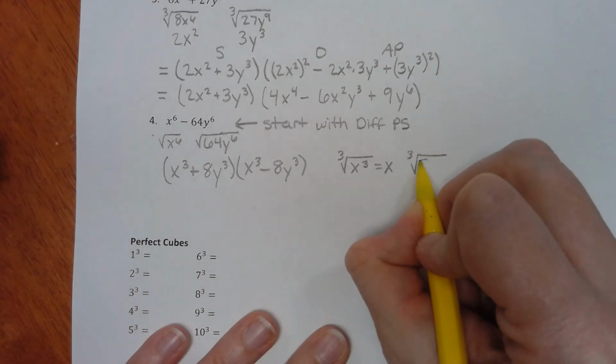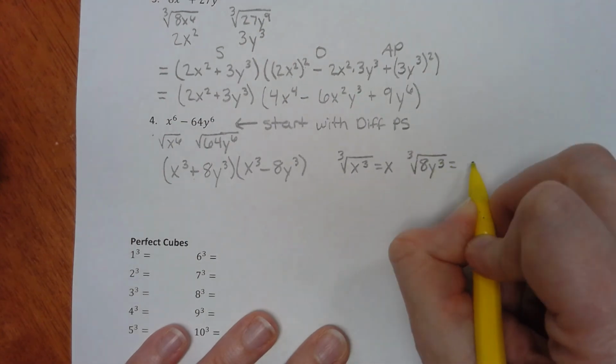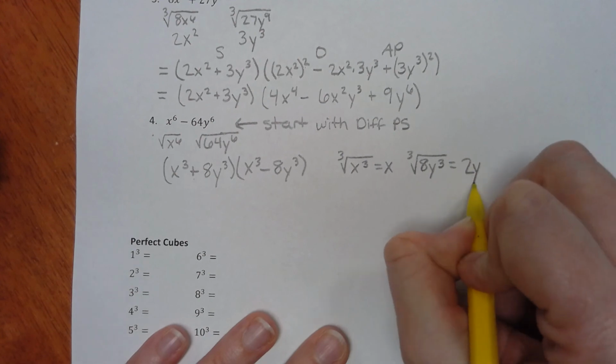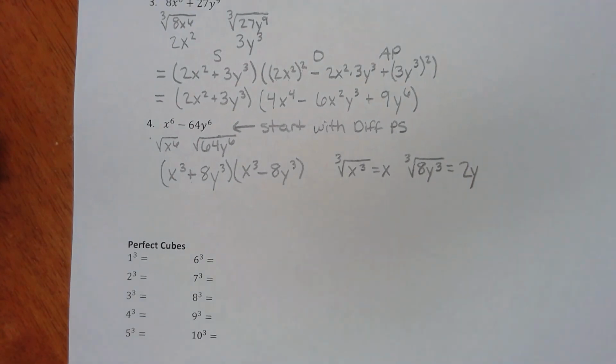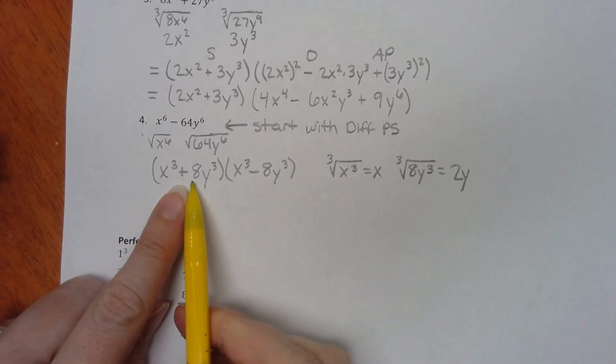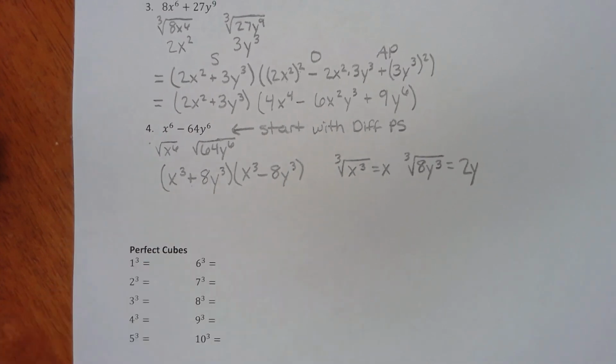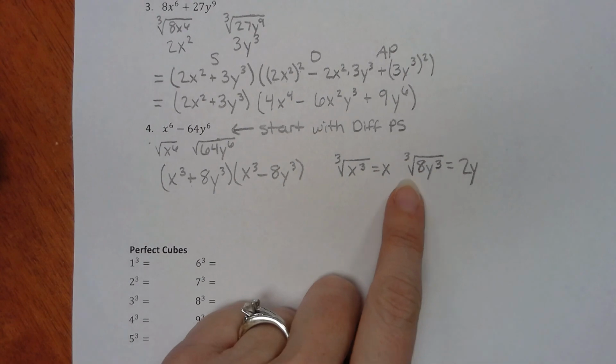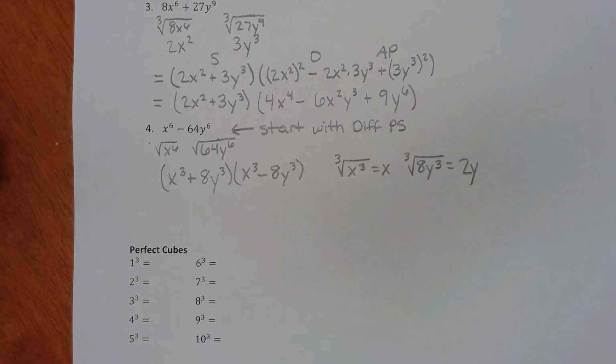The cube root of 8y to the third gives us 2y. So when we focus in on our sum of perfect cubes, we'll set up the signs for that first, and then we'll do the same for the difference of cubes, being careful of our signs. But as far as our terms go, they are the same.